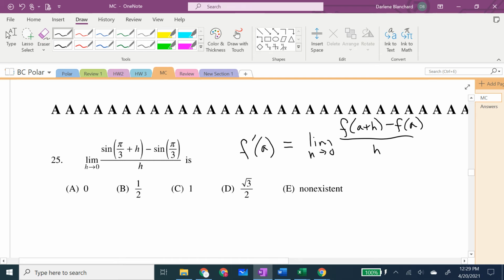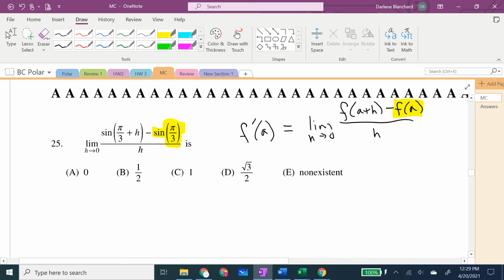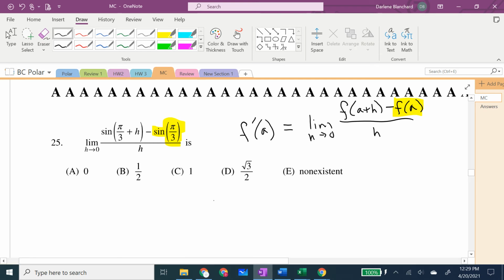Now, I find it easiest when I look at that right end. I can now see that my function is sine x, and my a is pi over 3, and I need f prime of a.